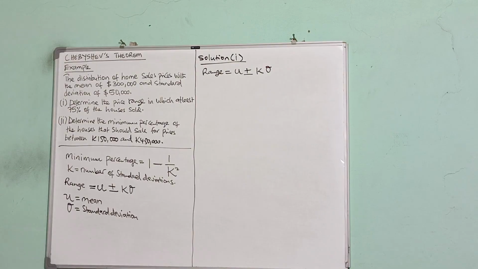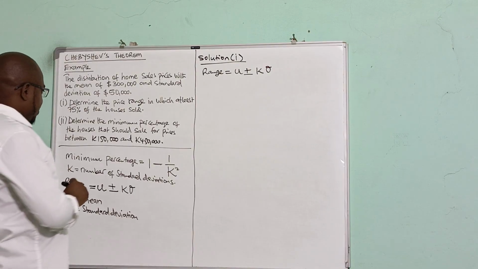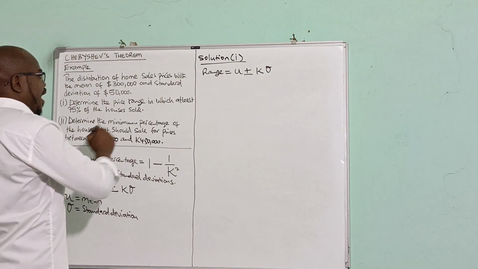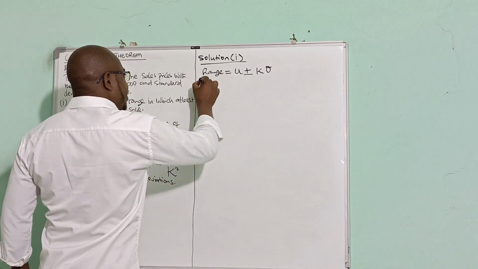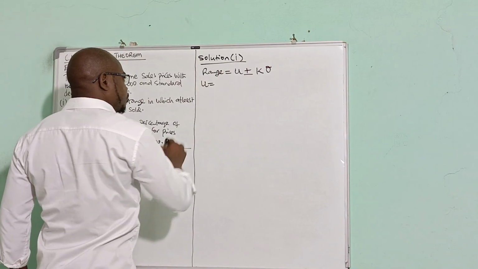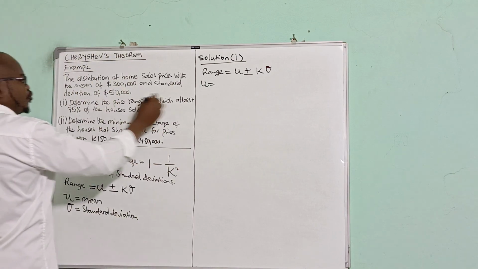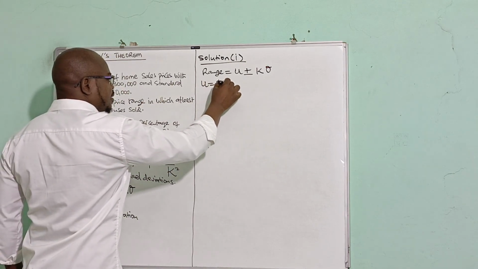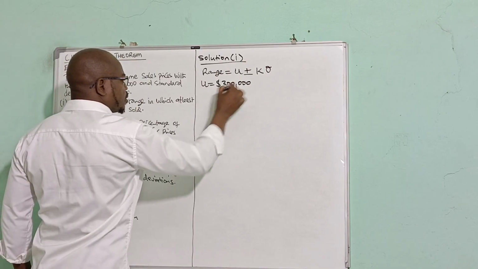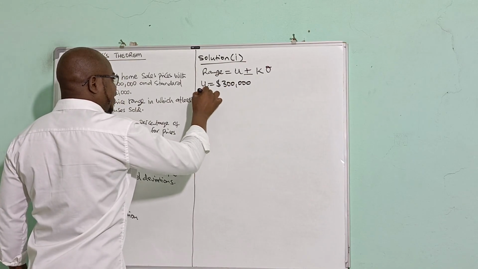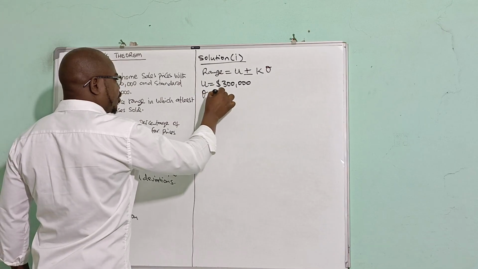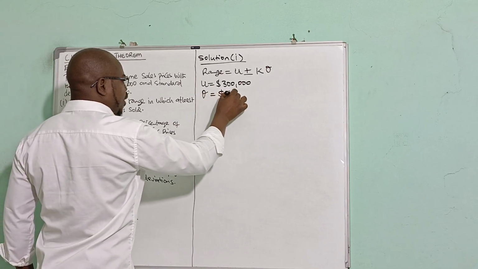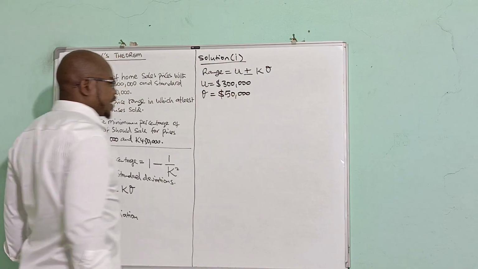Now here we have the mean, which is $300,000, and the standard deviation, which is $50,000.